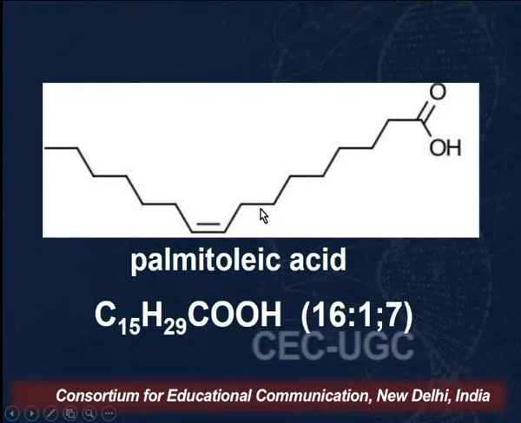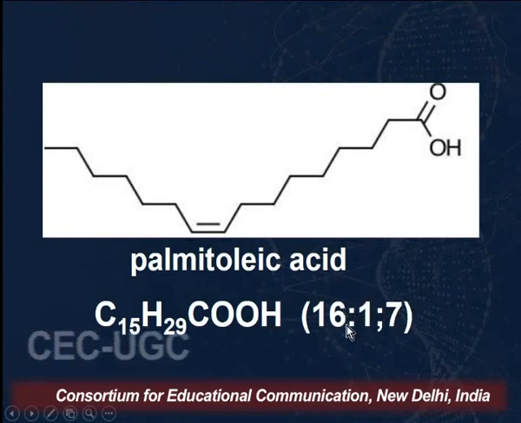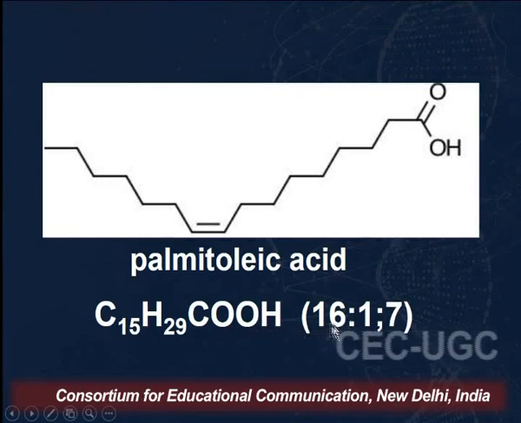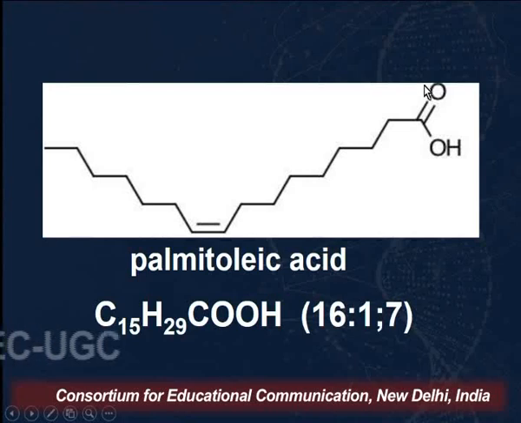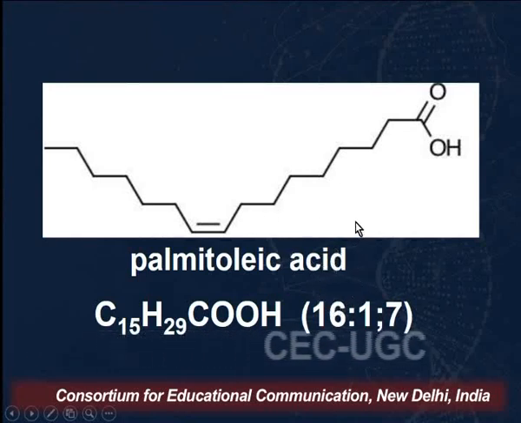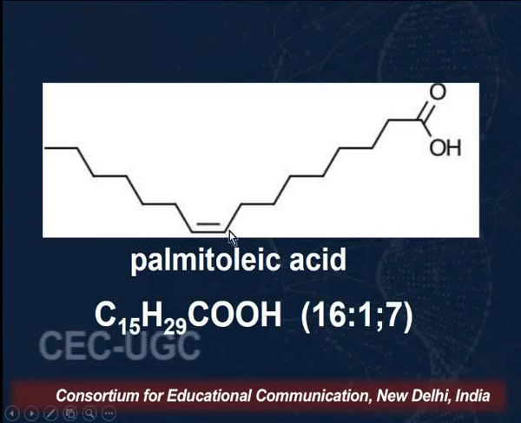In palmitoleic acid, I will discuss all of this in detail later in the lecture on nomenclature, but let me just tell you quickly what 16 indicates here. 16 indicates that this acid has 16 carbon atoms in it. 1 indicates that there is 1 double bond in this acid.